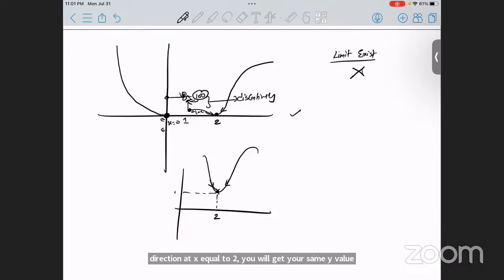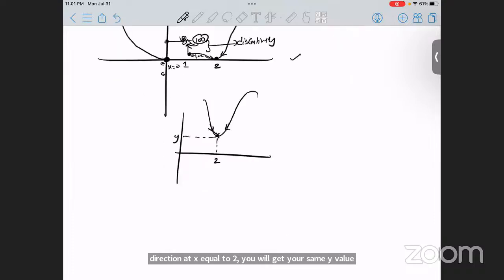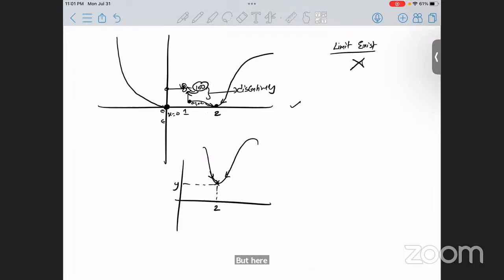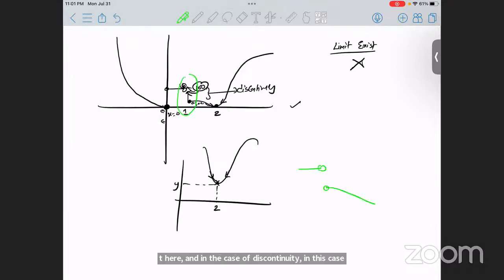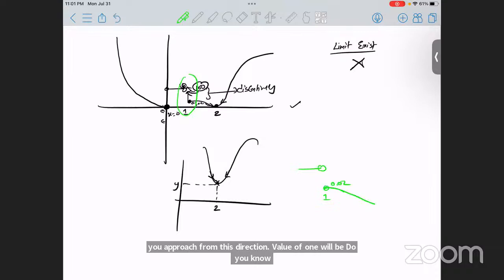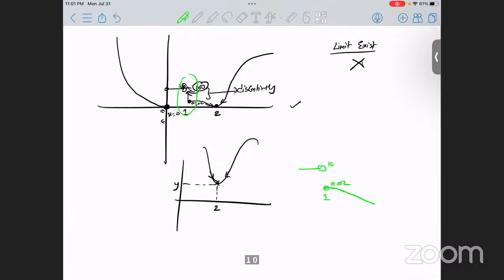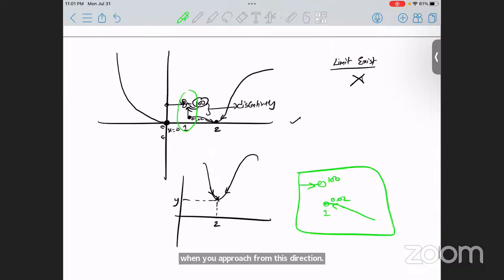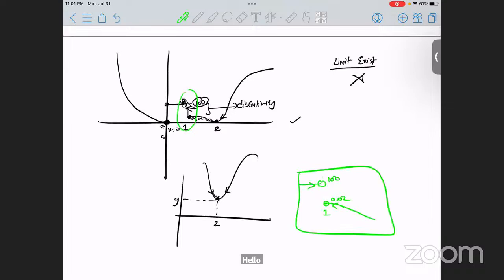But in the case of discontinuity, I will change the color. When you approach from this direction, the value will be 0.02, and when you approach from this direction, it will be 100. Got it? And then the third option is right.